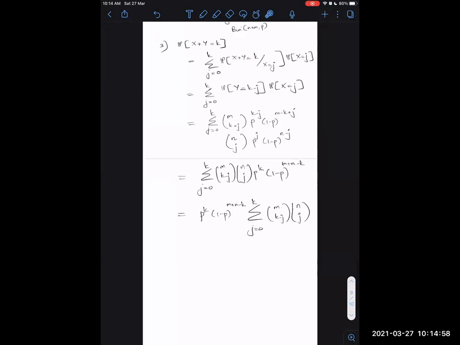You already know the answer for what x plus y is. So x plus y is a binomial random variable with parameters n plus m and p. So you should be able to just reverse engineer that. You don't even need to know this actually, but yeah. So you already know the answer.